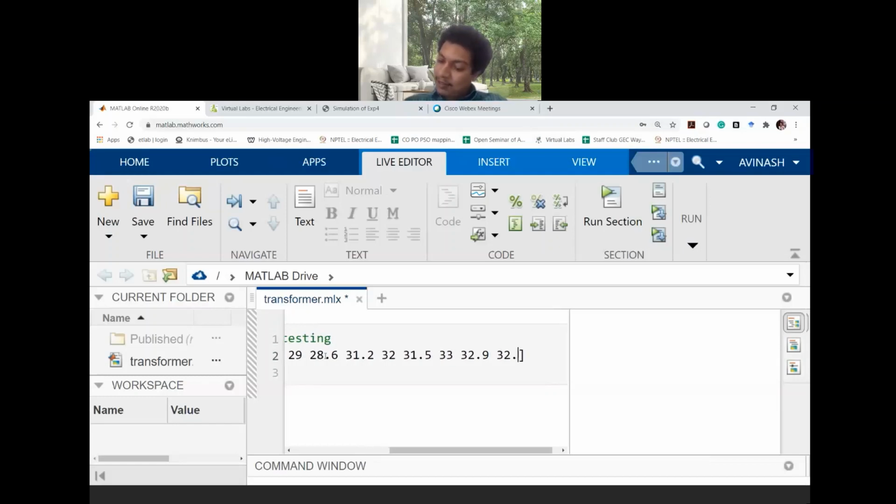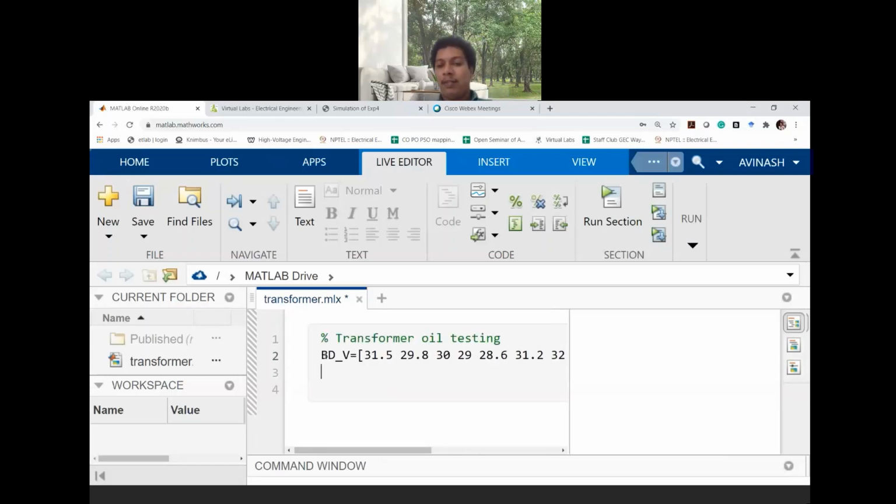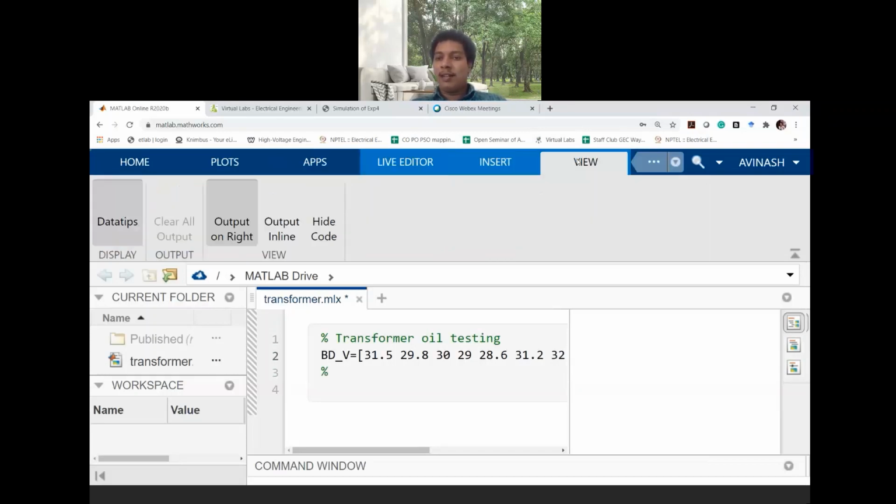So some values; you can add up to 15, whatever number you have. This way I added the breakdown voltages.